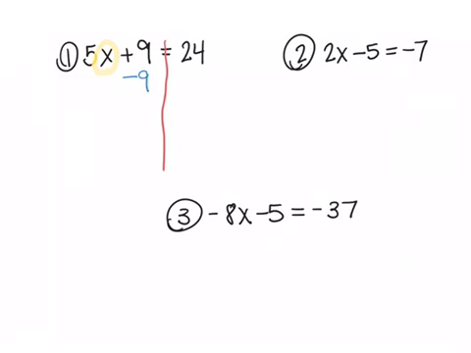And if I subtract 9 on the left, I also have to subtract 9 on the right. So these cancel each other out. And we are able to say that 5x equals 24 minus 9. So if we subtract those, we end up with a positive 15.